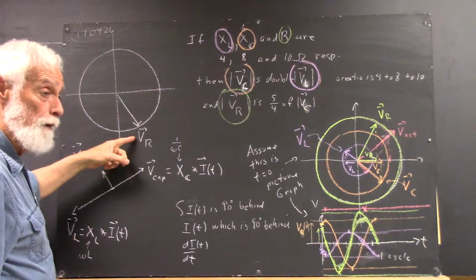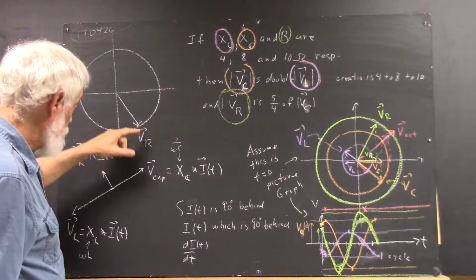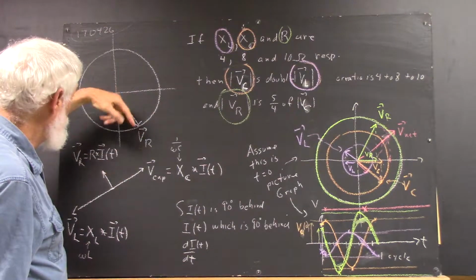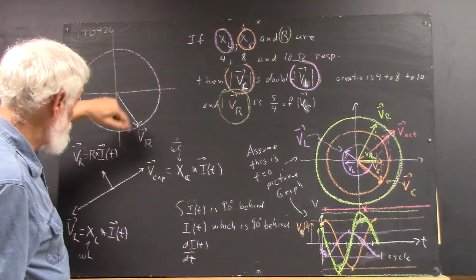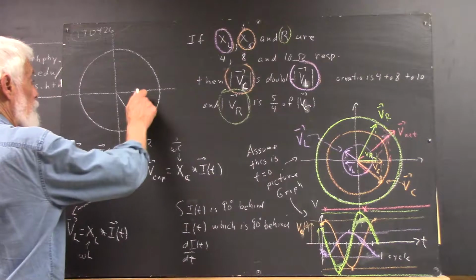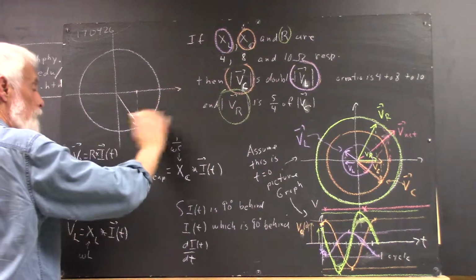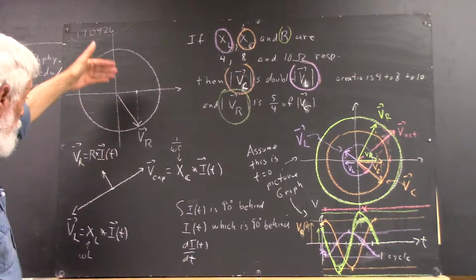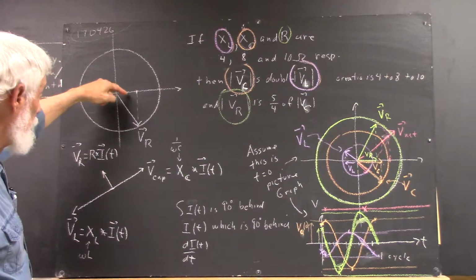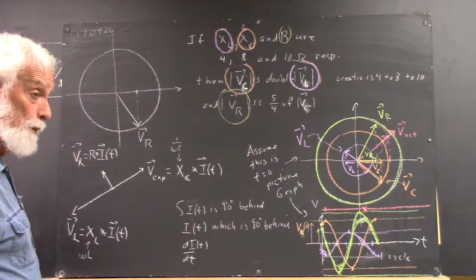If our VR is here on the reference circle, now the vector VR is the vector that travels around the reference circle, follows the reference point around the reference circle. If you project that vector back to the x-axis, we're going to choose to project on the x-axis. We're going to be using the cosine of the angle as measured from the positive x-axis counterclockwise.